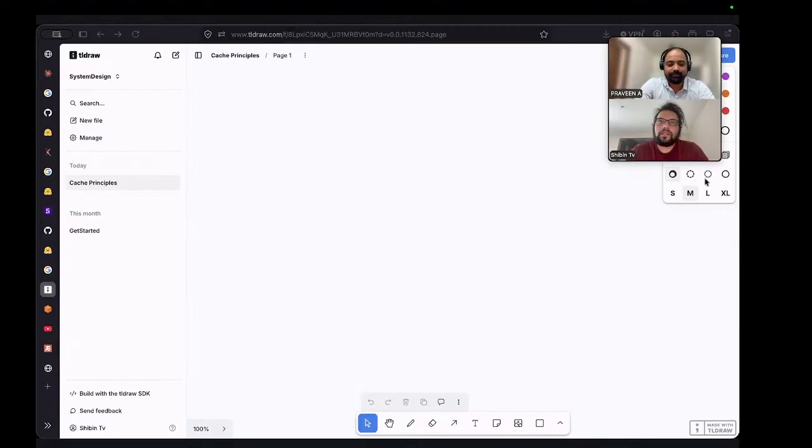Now for this session, we'll get into the basic principles, terminologies, and what you need to know. At a high level, caching is a very easy concept to understand, but very hard to implement. So let's start defining some key terms.